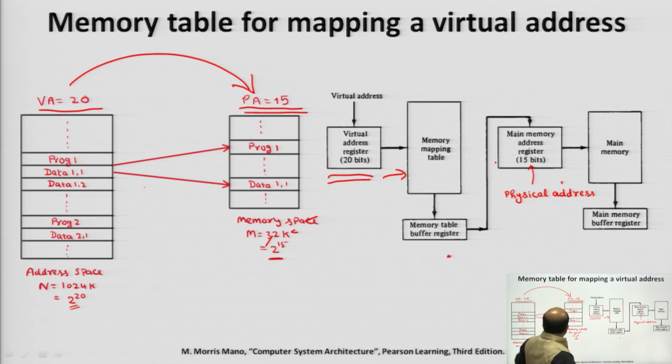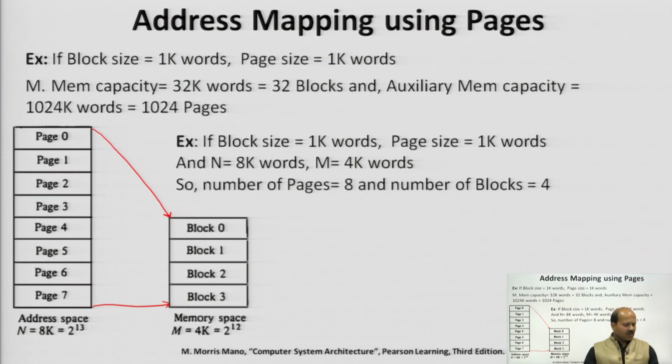Virtual memory will store a number of pages. However, main memory is divided into a number of blocks, and different blocks will be loaded with different pages. At a time, only a few pages are loaded into blocks of main memory.